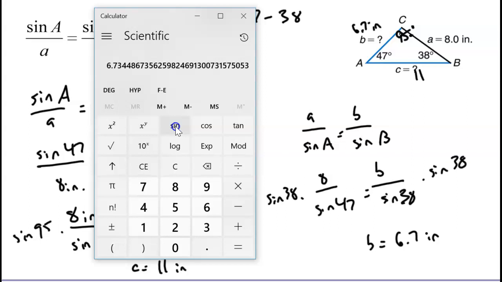All those numbers are fairly believable, so I'm going to go with that as the answer for this problem.